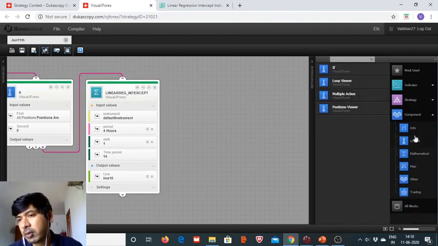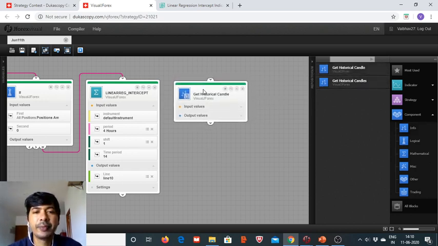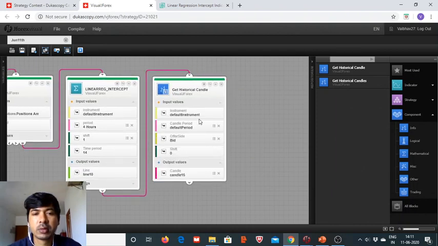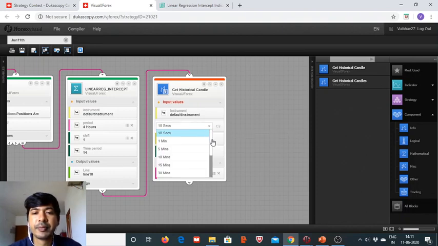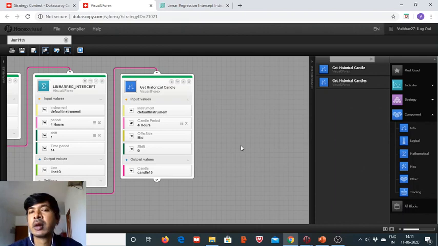So again here we need to look at the info, and here we get the historical candle.